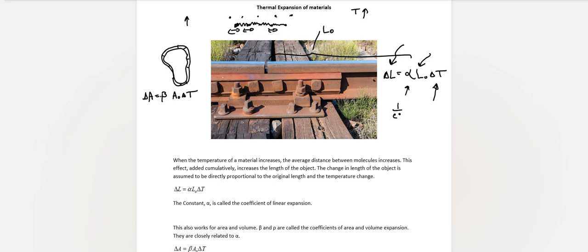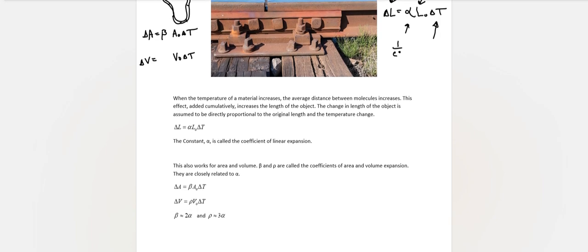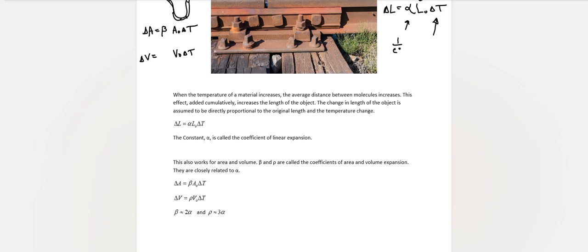And for a three-dimensional problem, we can say that the change in volume is directly proportional to the original volume and the temperature change. And there's an expansion coefficient for that called the coefficient of volume expansion. All right, so I've written these formulas down here. Now, I'm not going to explain why this is in the video.